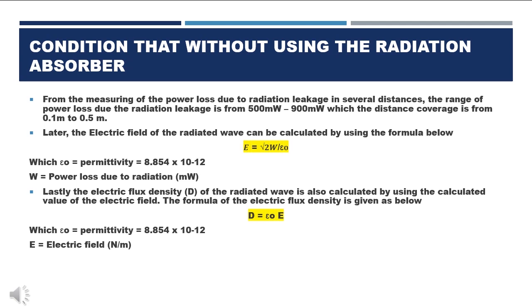Later, the electric field of the radiated wave can be calculated using the formula below. The electric flux density of the radiated wave is also calculated using the calculated value of the electric field. The formula of the electric flux density is given below.